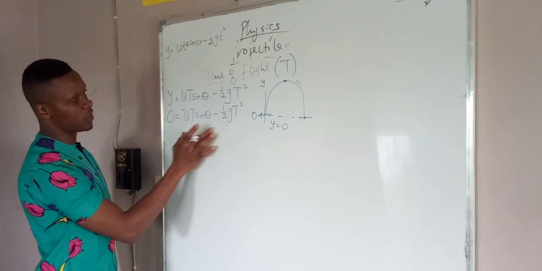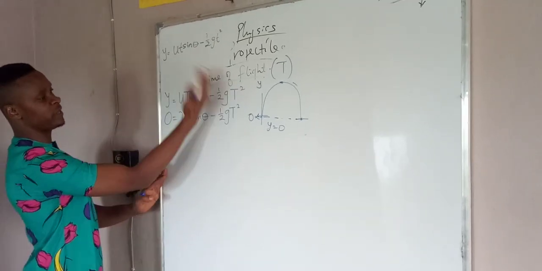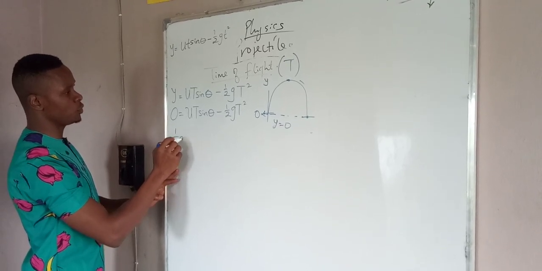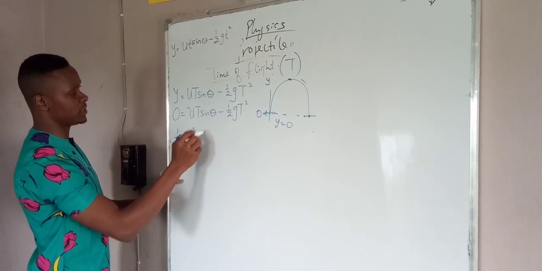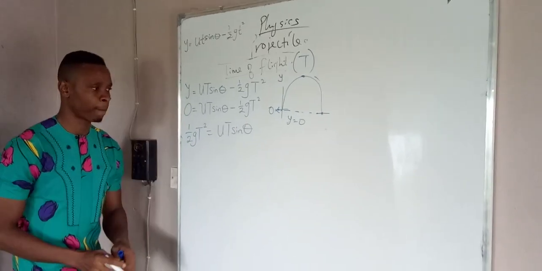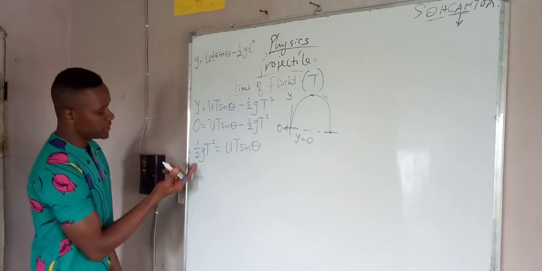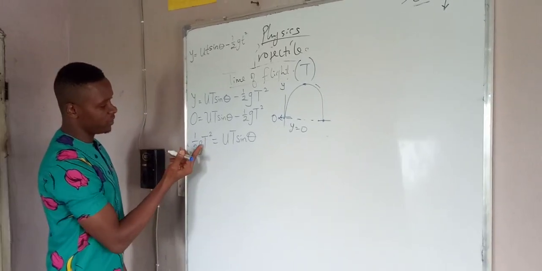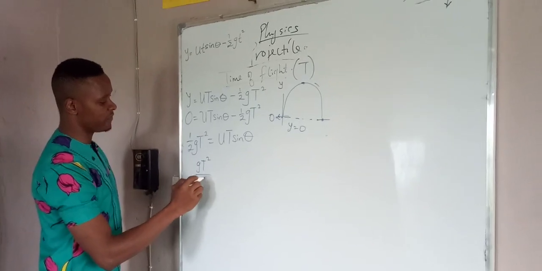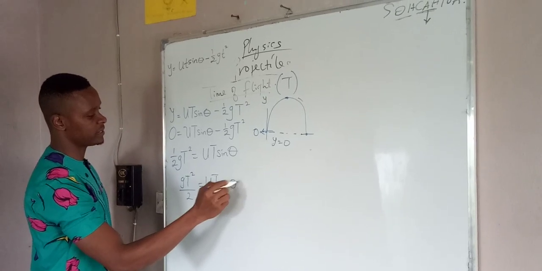Since we've gotten a quadratic equation here, we can turn it back to a linear equation by moving this over, where we will now have 1 over 2 gt squared is equal to ut sine theta. Recall, we want to make t alone the subject of formula. In other words, we have gt squared over 2 is equal to ut sine theta.